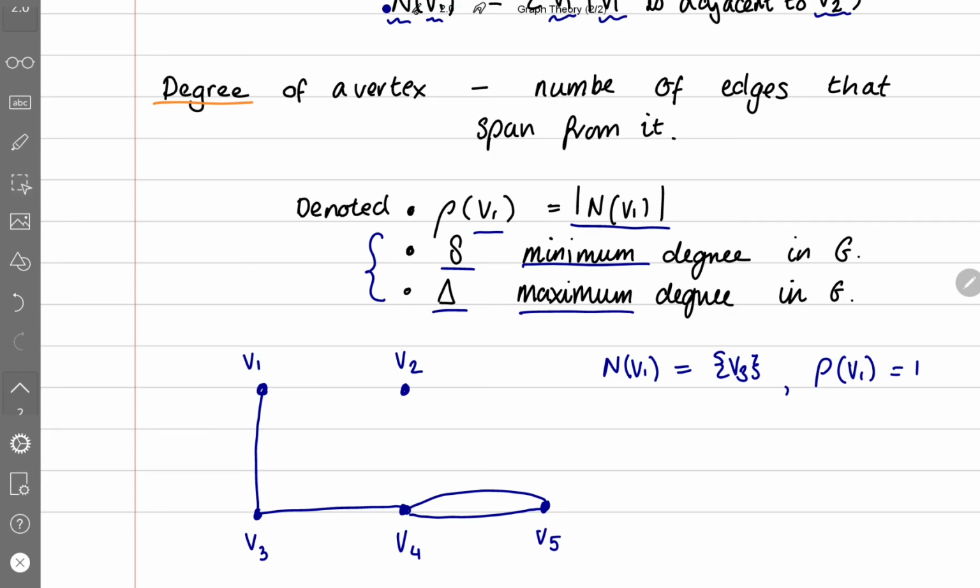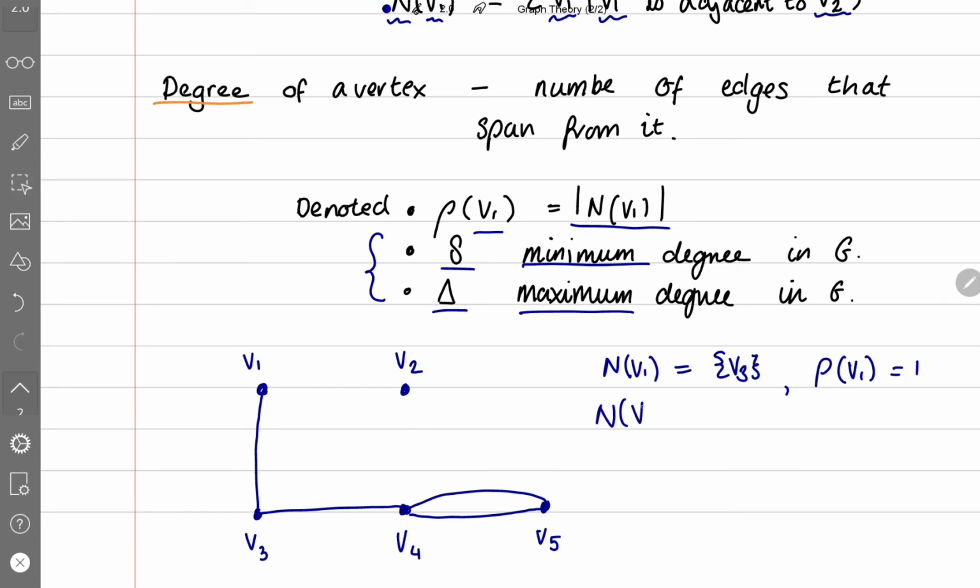You can just follow this pattern. Like V3, you can see that it has a degree of 2, because there are 2 edges coming out of it, and the neighborhood set would be V1 and V4, because these are the ones that you could walk to if you were walking along this path. So let's look at V4.